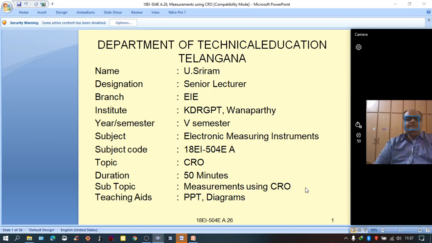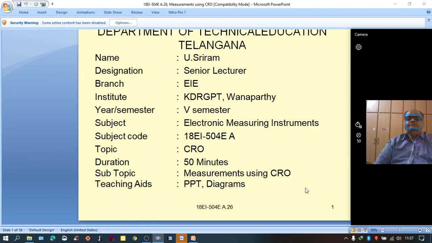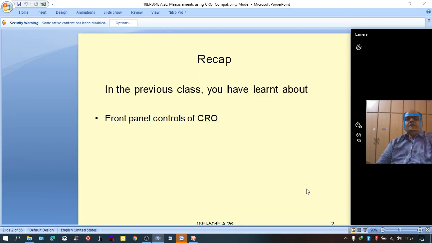In the last class, we have seen what are the various front panel controls of CRO and how the basic measurement of time period and amplitude of the applied input signal can be measured.